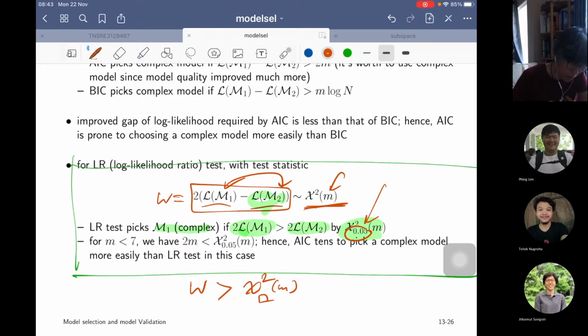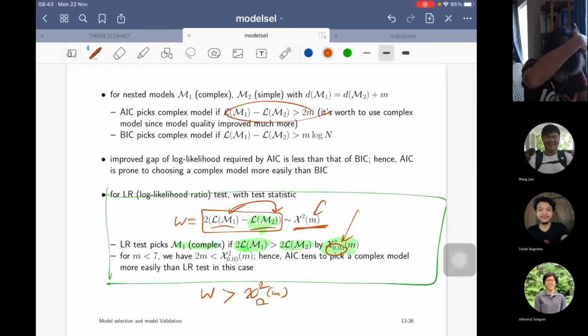Now again, it's the same scenario as we discussed with AIC. If the delta L exceeds this critical value, the log likelihood ratio test will pick a complex model.